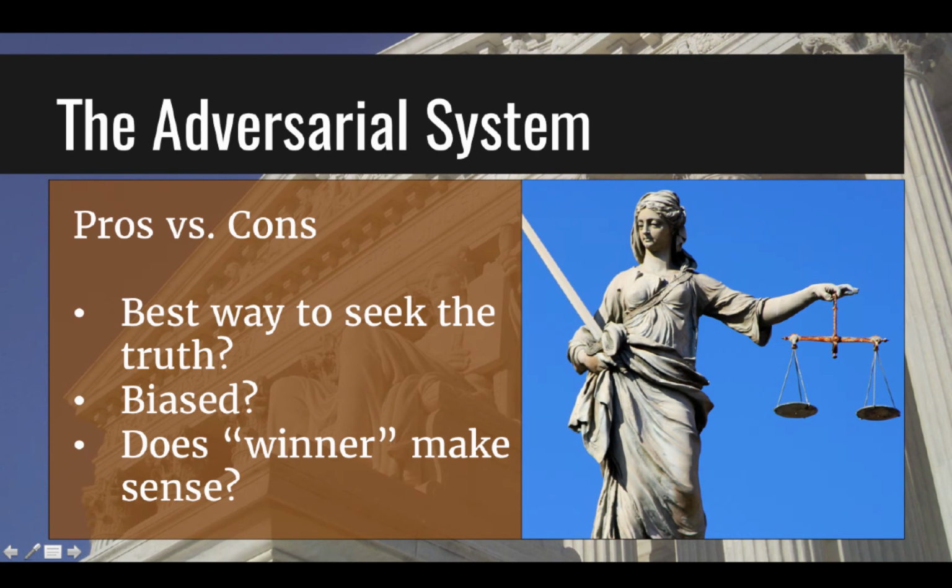Advocates of the use of this system argue it is the best way to find the truth. Each side is motivated to aggressively seek evidence to support their position. Both sides argue aggressively and seek to identify flaws in the arguments of the opposition. Thus, with this level of evidence-based scrutiny, the truth should be apparent.